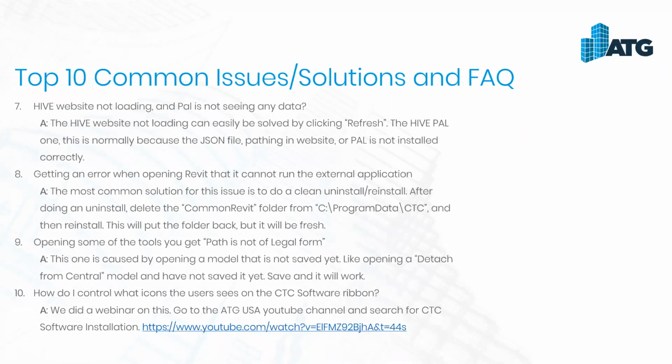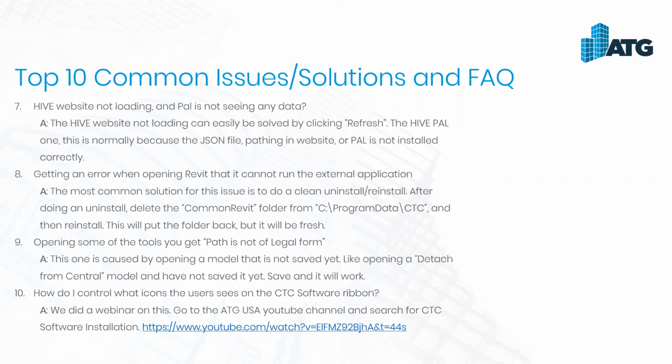Another one is the opening of Revit, and you get "external application cannot be run." Sometimes we've seen it after upgrading the software from one version to another, where all of a sudden you get this error message, or you get it from the very first install.